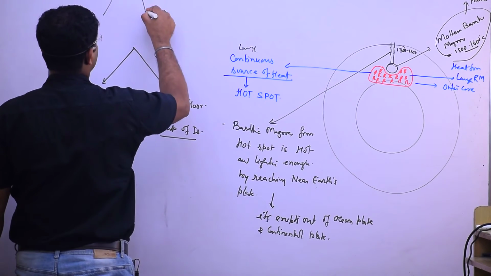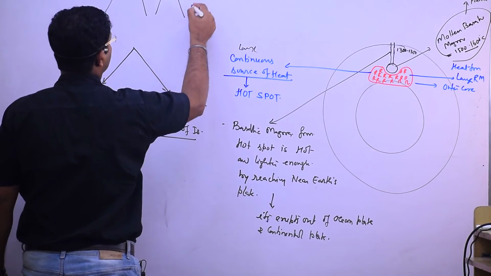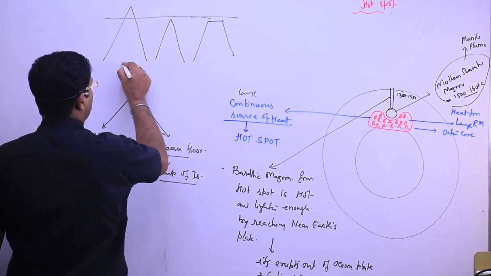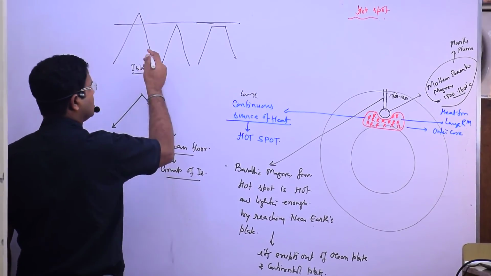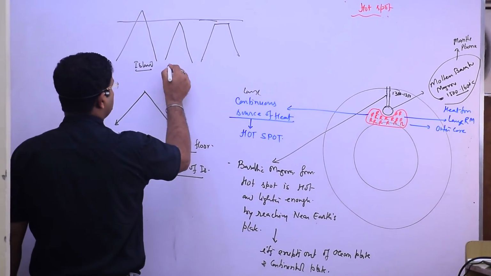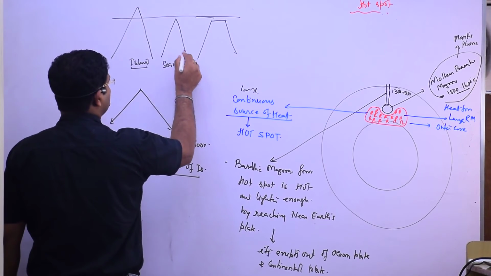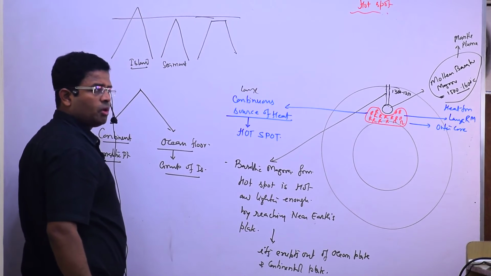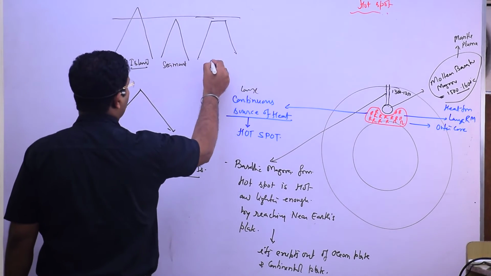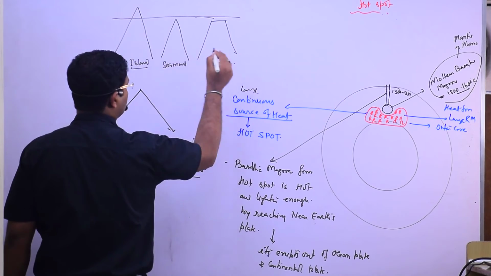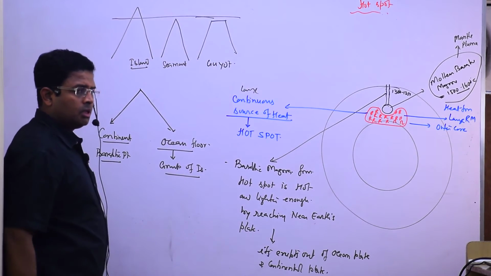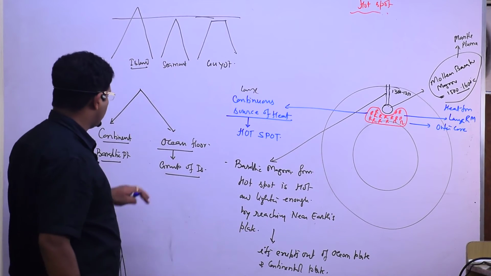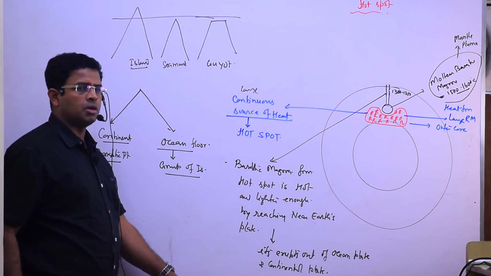This is an island, this is a seamount, and this is the same thing, a guyot. An island, you know, comes above the sea surface. A seamount is like the same mountain but in submerged form. And a flat-top structure is a guyot. Thousands of such features have been formed with the help of hotspots.